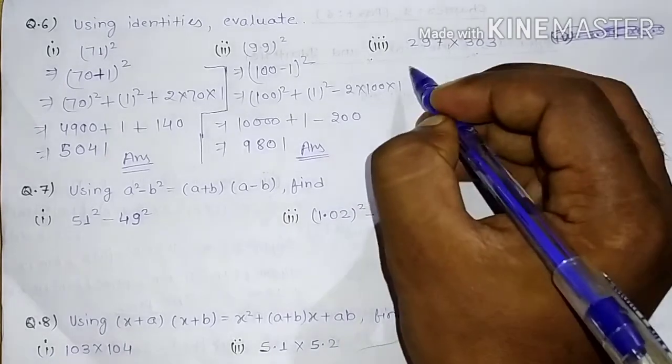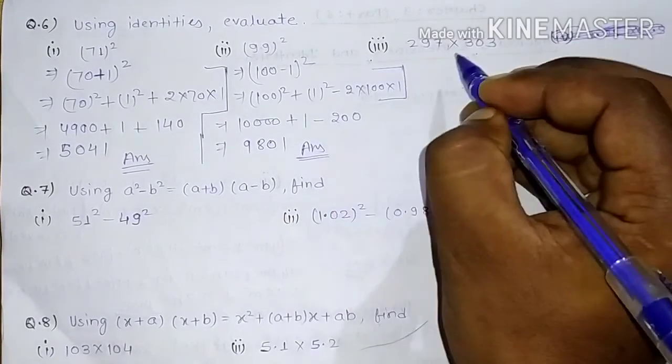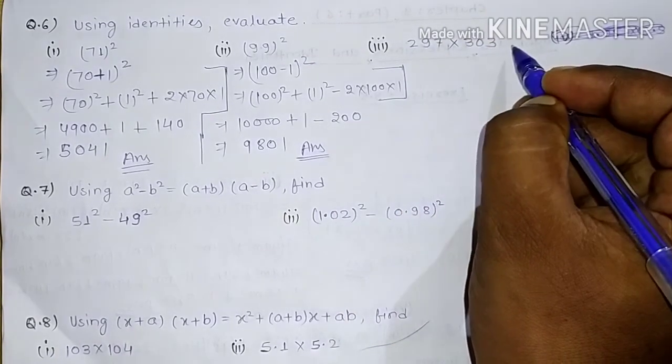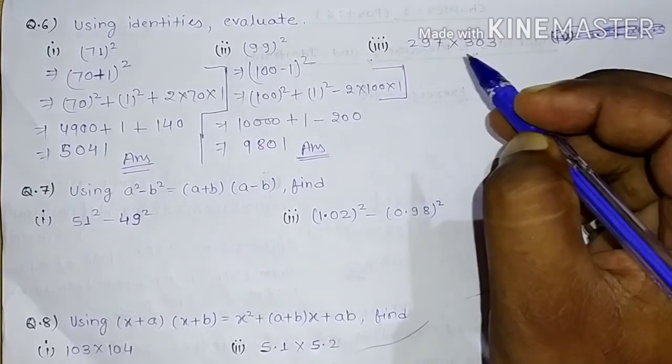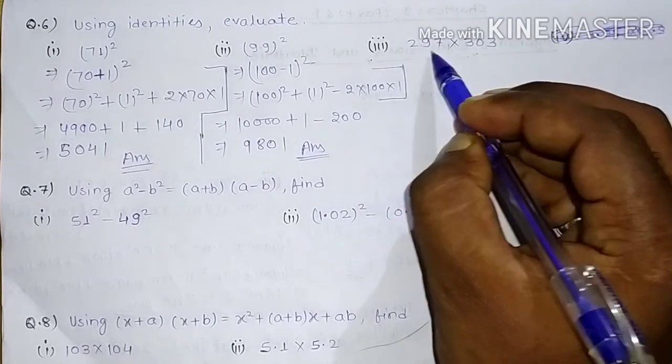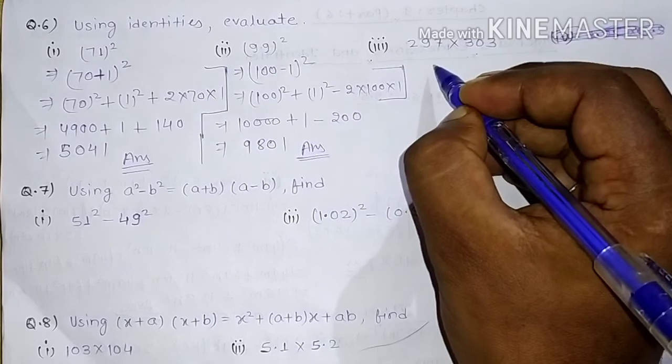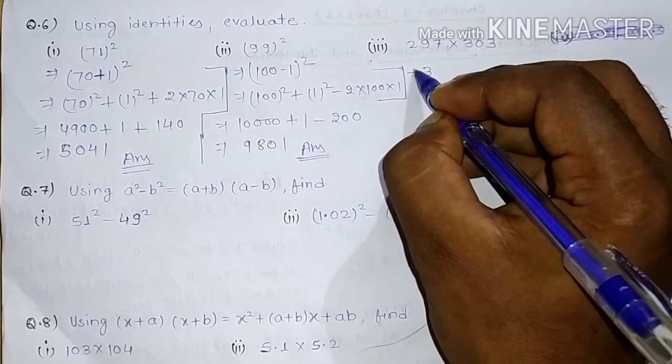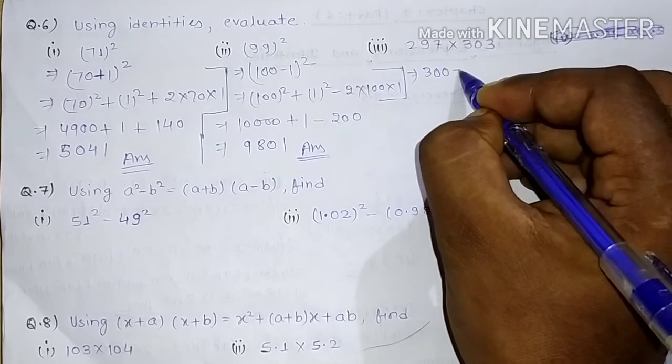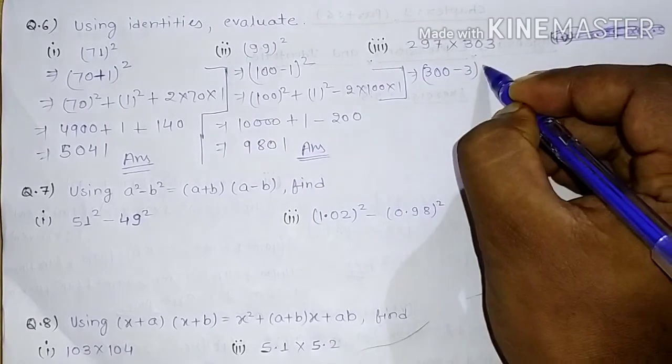Now the next question is 297 into 303. So again at the place of 297, we can write 300 minus 3, multiply.